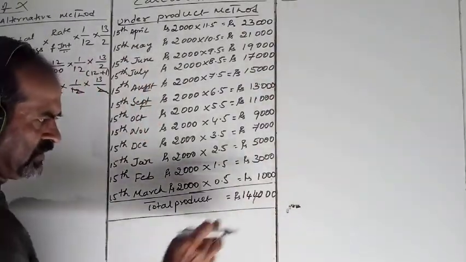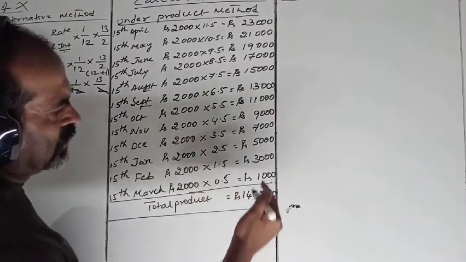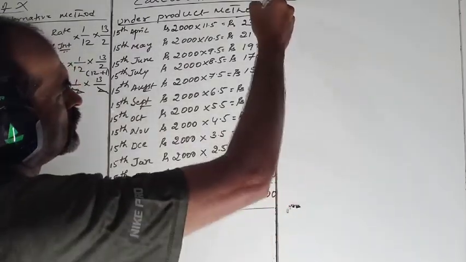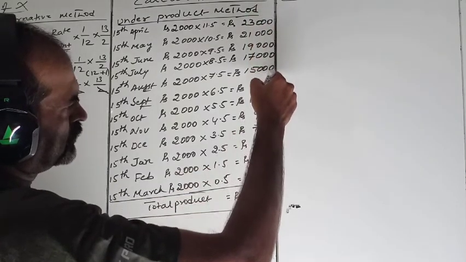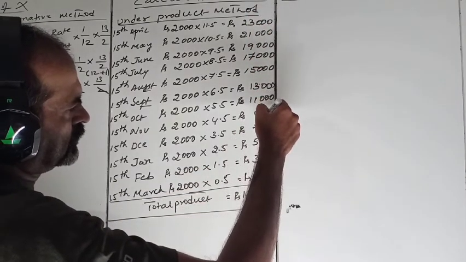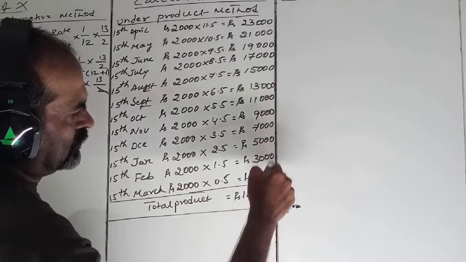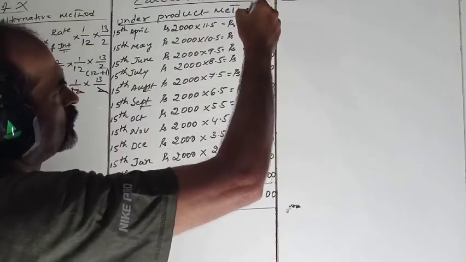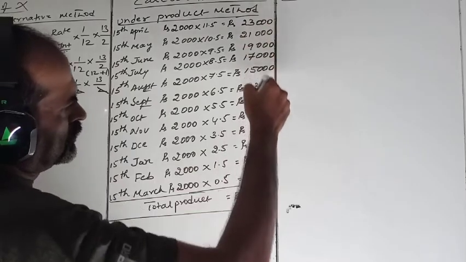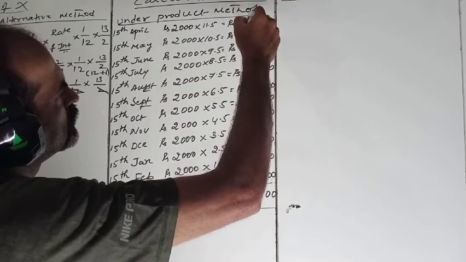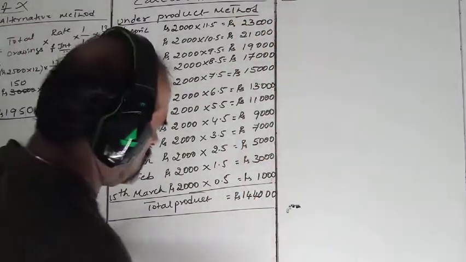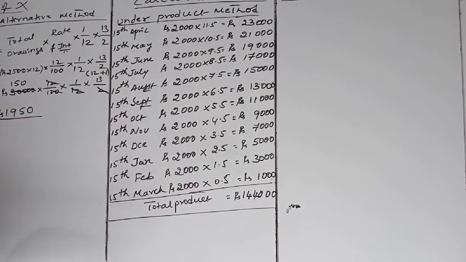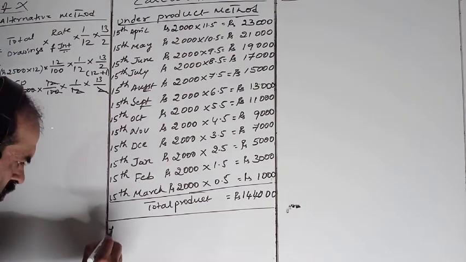Once again check up the total. Right, 1,44,000 is correct. Any change?